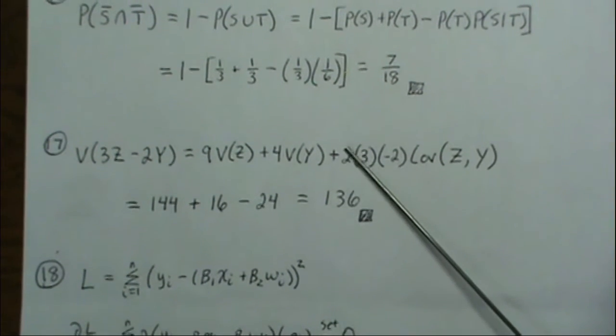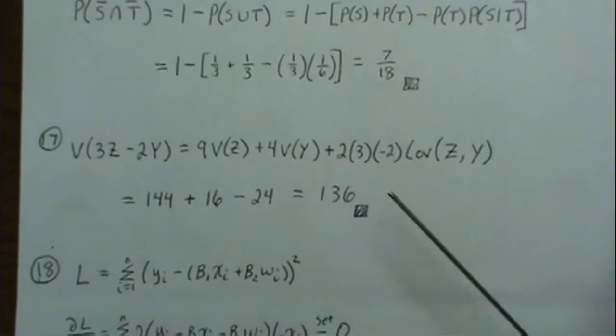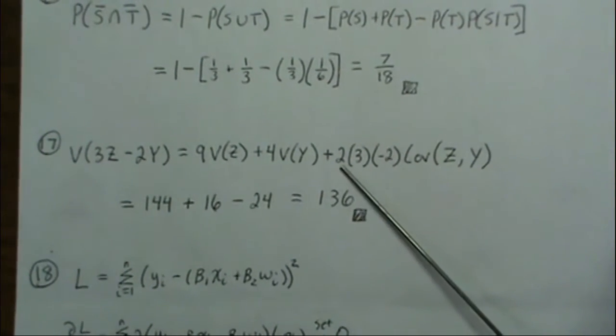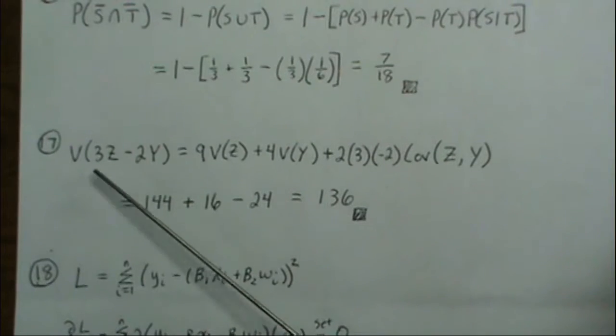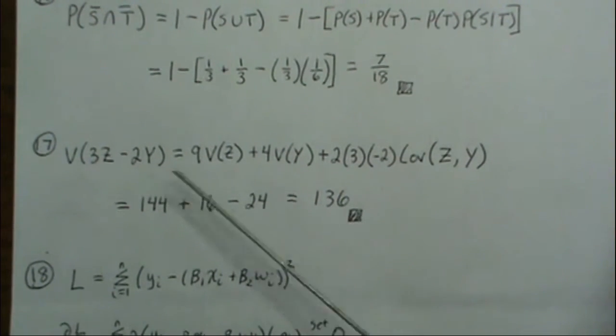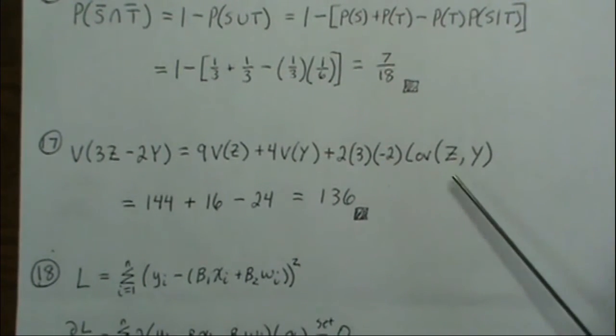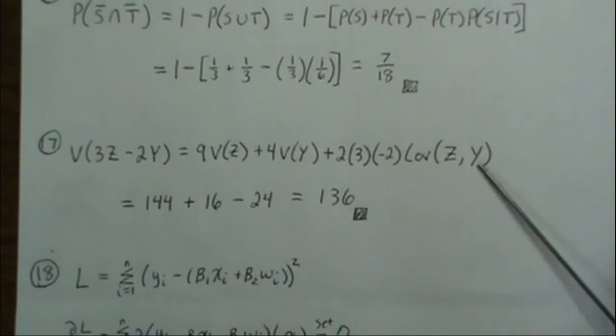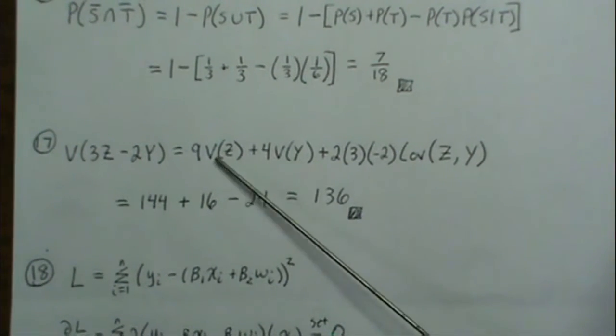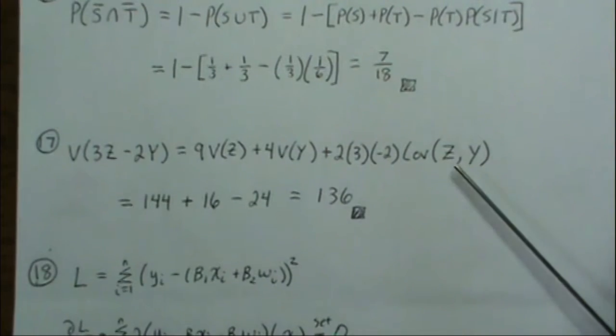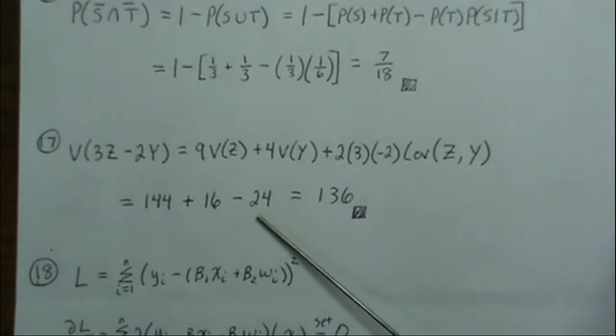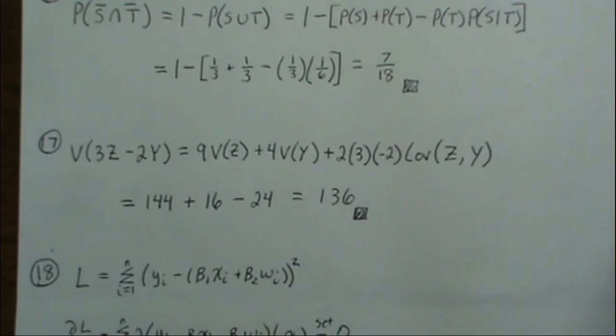Then it's plus 2, which is always in the covariance piece of this, times 3, which is that, times minus 2, which is that, times the covariance of each of those. And we're given these values here, variance of y, variance of z, and the covariance. So that expression becomes this, which the answer is 1/6.